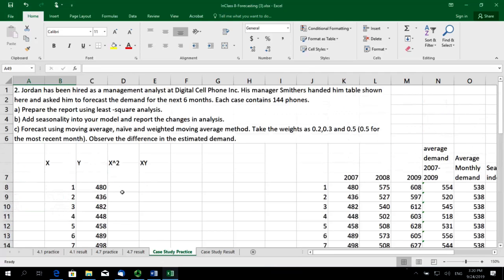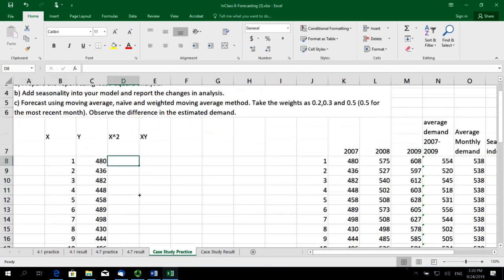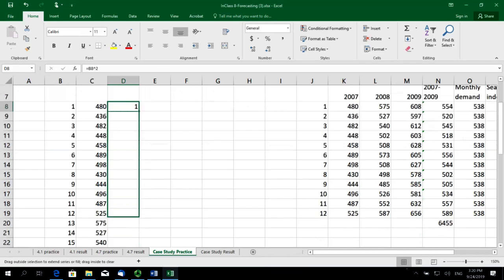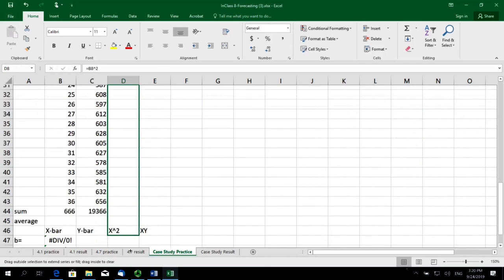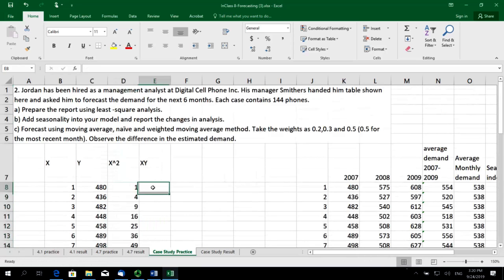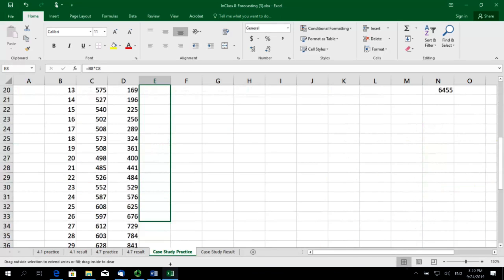You are given the 3 years data. The first column we want to do is x squared. Let's do all of the squares. The next column is x times y.